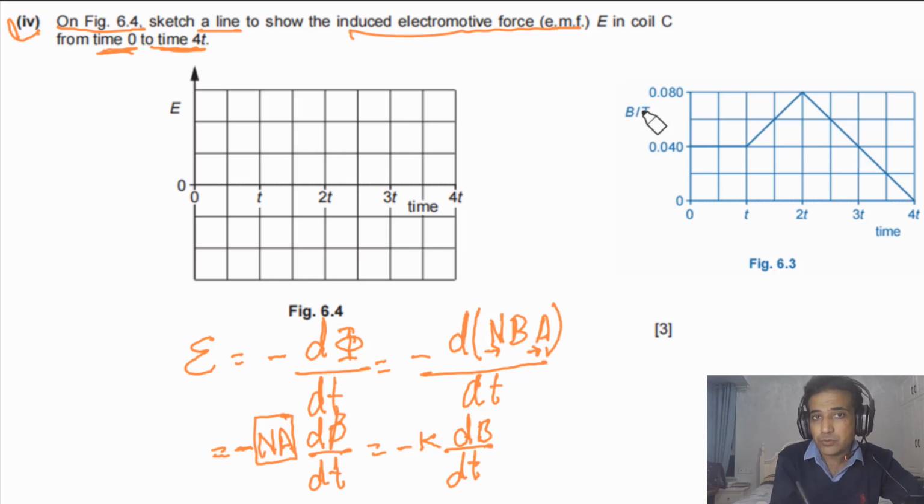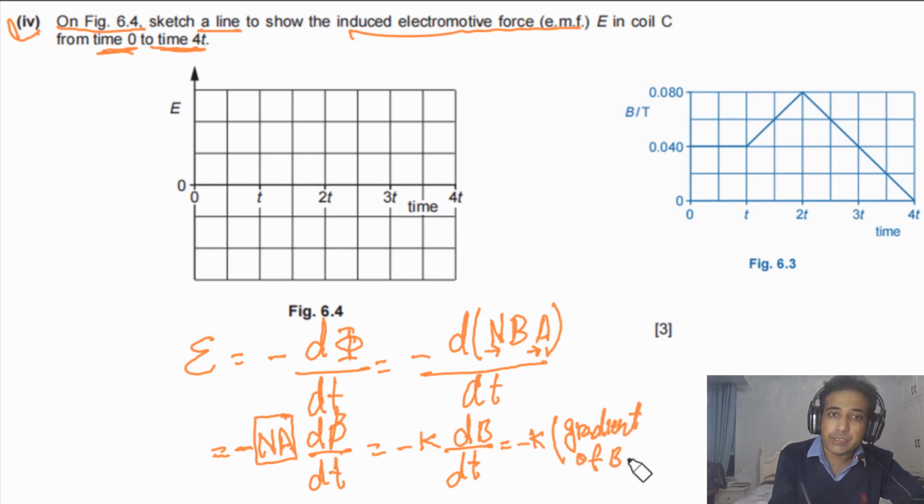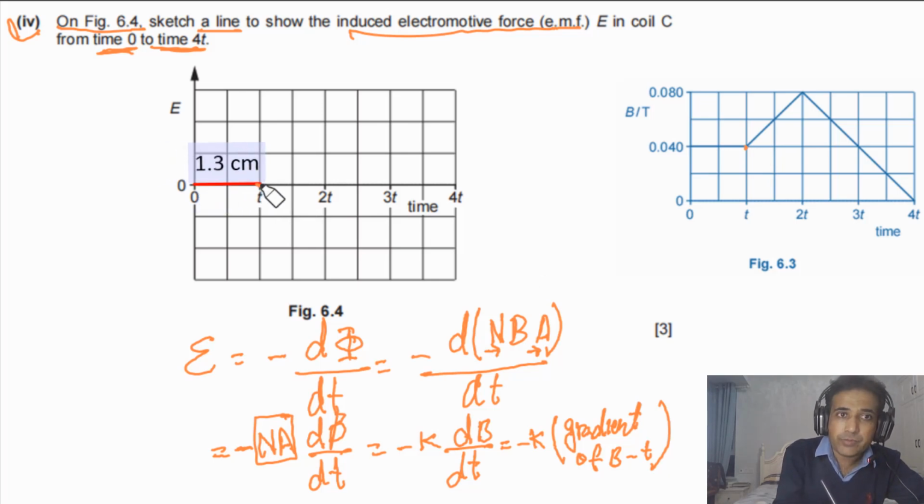And dB by dt, if you look at this graph, B against t, dB by dt is simply the gradient of the Bt graph. That's all. So we need to look at the gradient of this. Here gradient is equal to 0. It means until t is equal to 0, from here to here, this value is equal to 0, because gradient 0 means EMF is equal to 0.